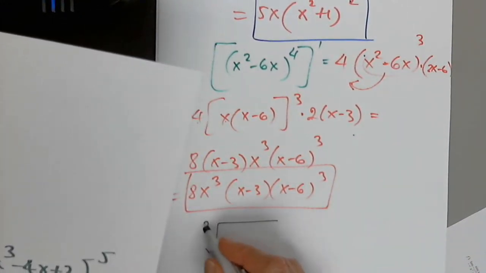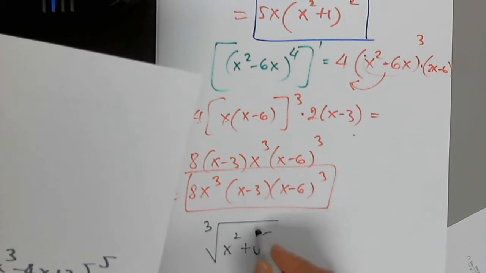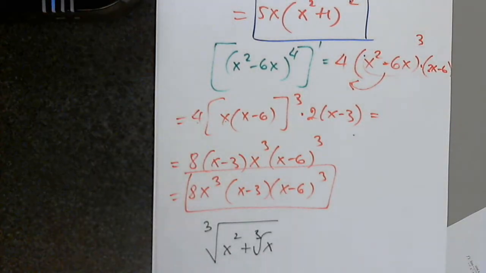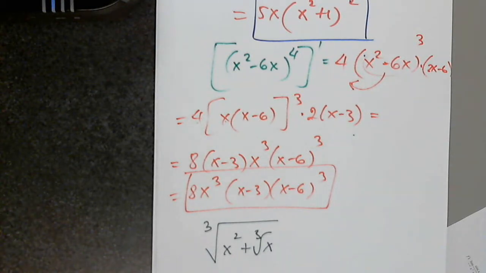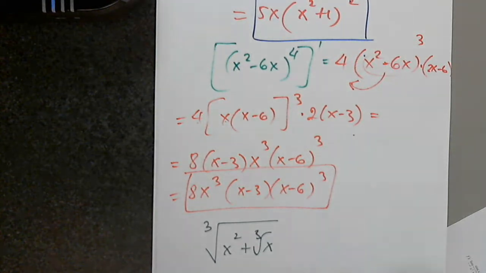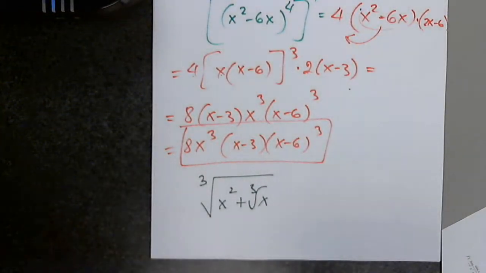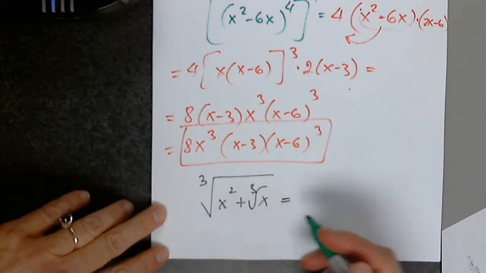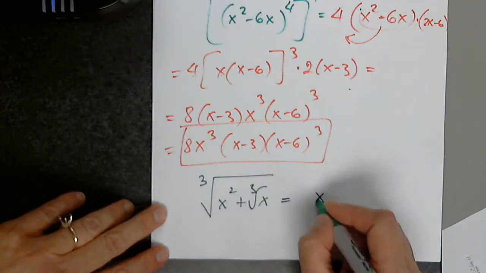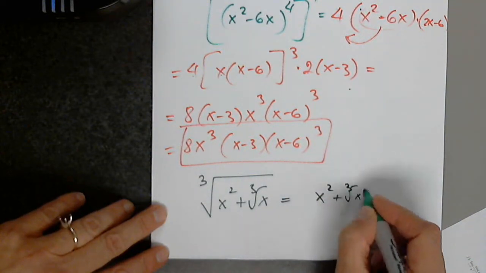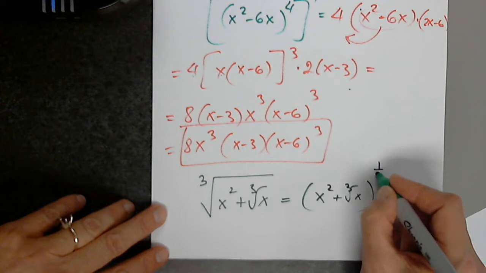So this is the cube root of x squared plus the cube root of x. There are many functions in here. I can't say there is just one outer function and one inner function. I can't say that. It wouldn't be true. So first I'm going to rearrange this a little bit. I'm going to say x squared plus the cube root of x to 1/3.